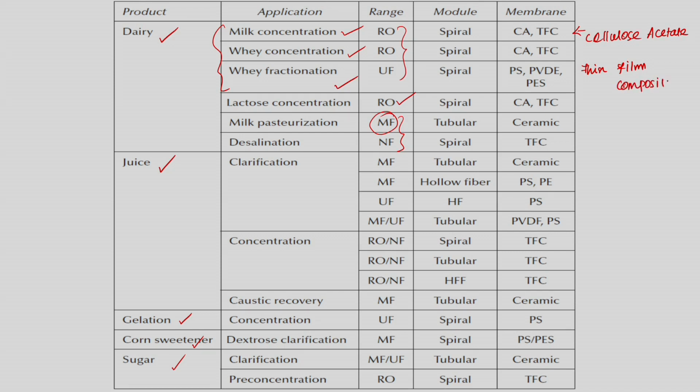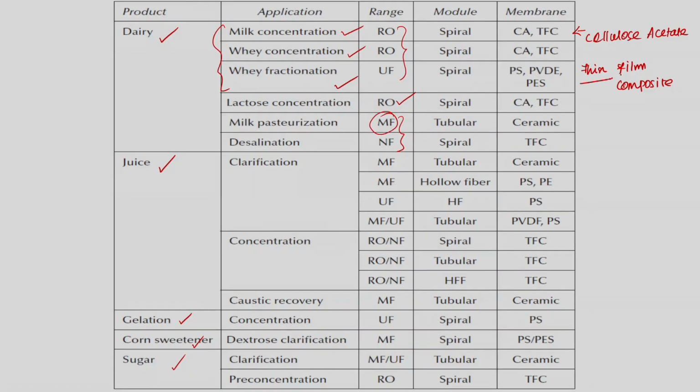Composite means, instead of one single membrane, since a membrane has advantages as well as disadvantages, another membrane is sandwiched with it to turn these disadvantages into advantages and give premium quality. That kind of thing is the thin film composite.